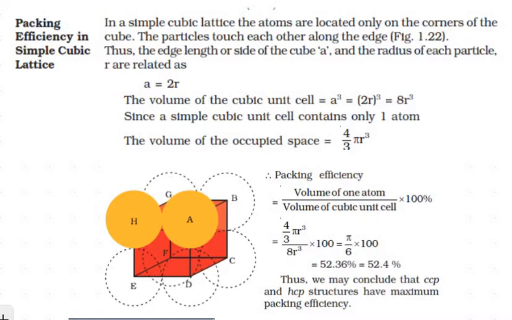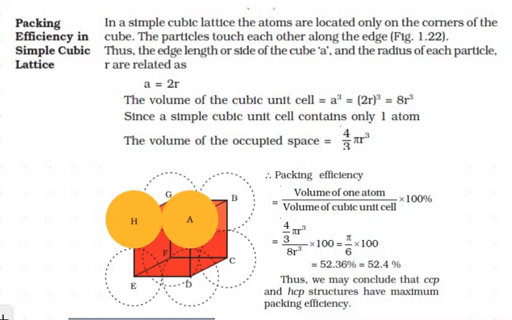So how efficiently these constituent particles are getting arranged can be measured in terms of packing efficiency. Now in this video lecture we are going to discuss the packing efficiency of the simple cubic lattice. This is what we are talking about, the primitive lattice.